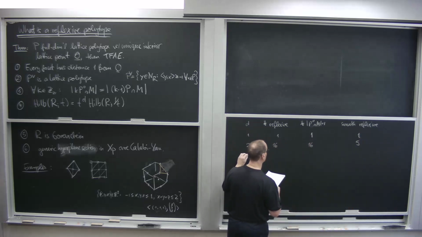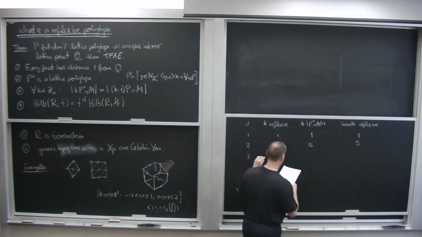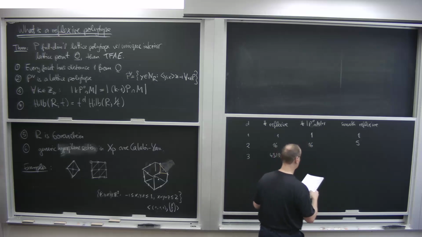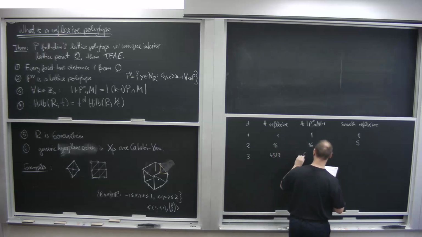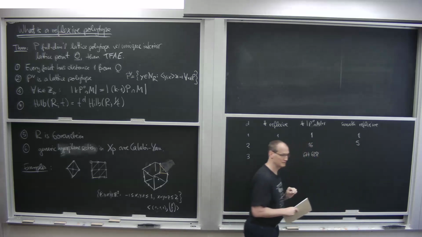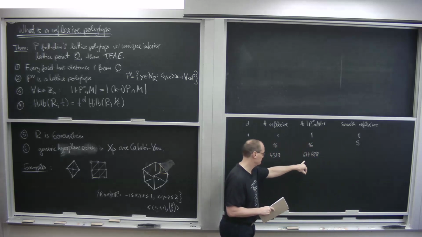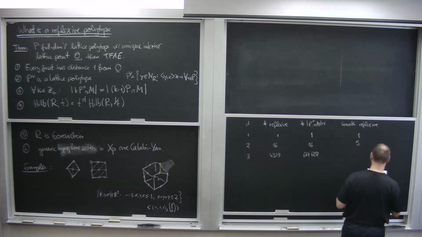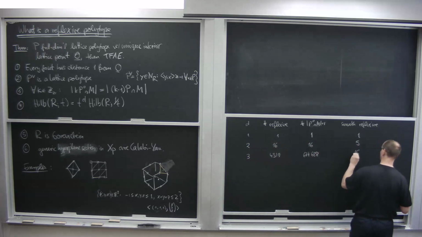In dimension 3, I have 4,319 reflexive polytopes. I have 674,688 with a unique interior lattice point, one of which we found. Smooth reflexive, I have 18.